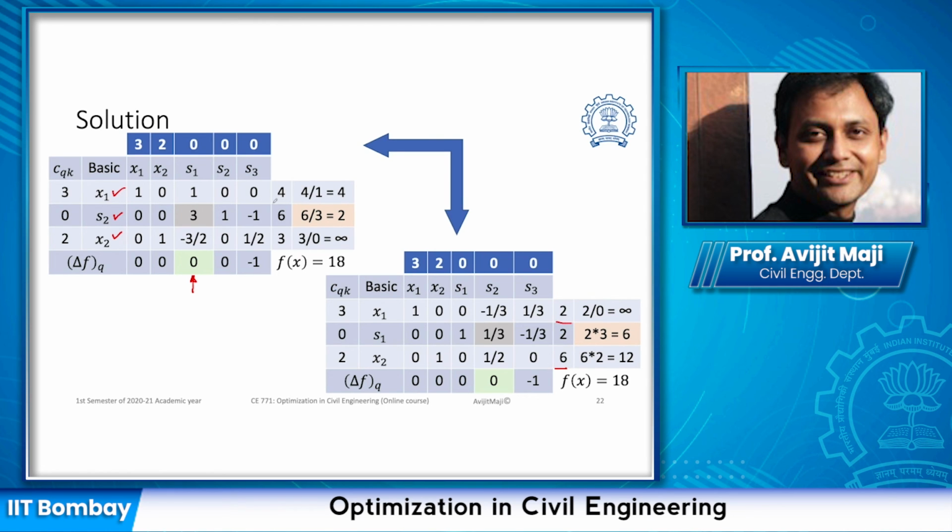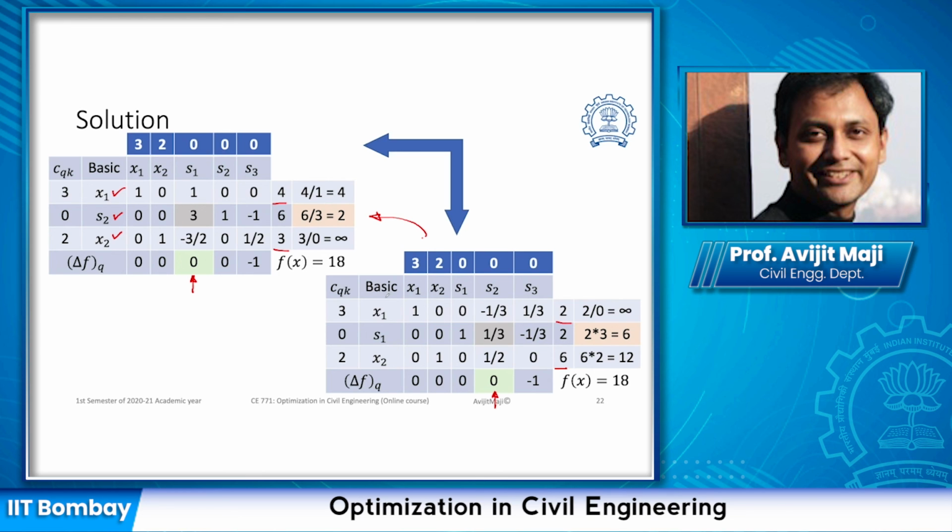Earlier it was 4 and 3, and we come to a point which again says that s2 can enter based on a similar principle, and if we do that, it will yield the tableau which is shown here. So between these two, it's going to keep on moving. This repeating tableau indicates that the given problem had multiple solutions.